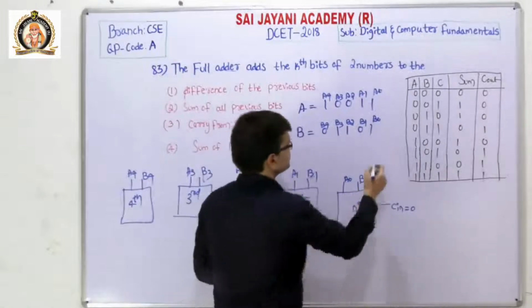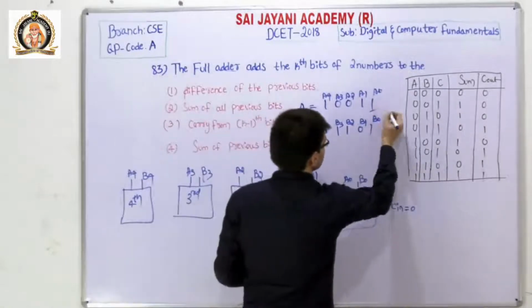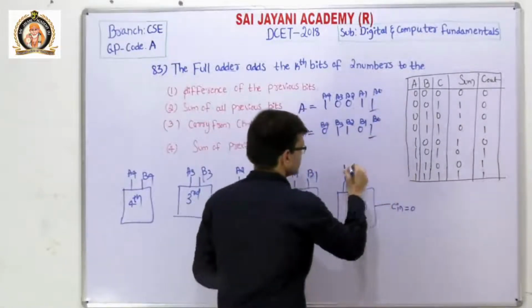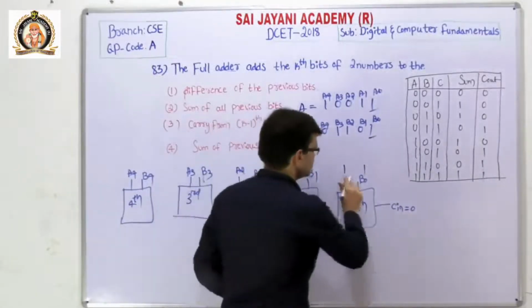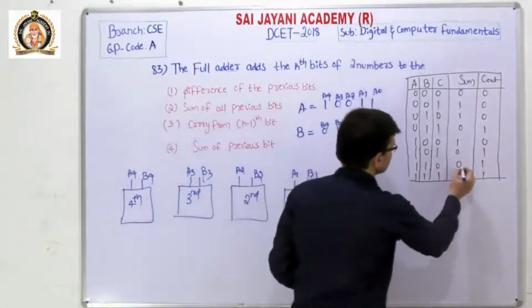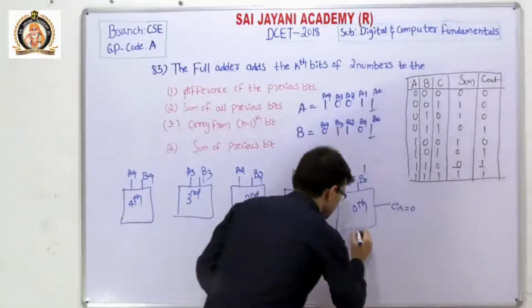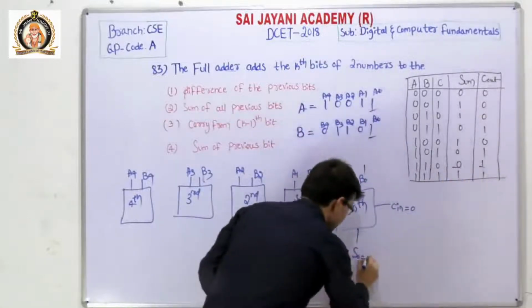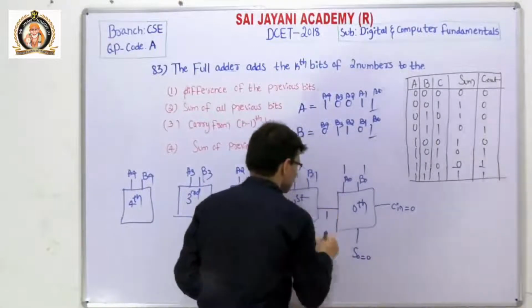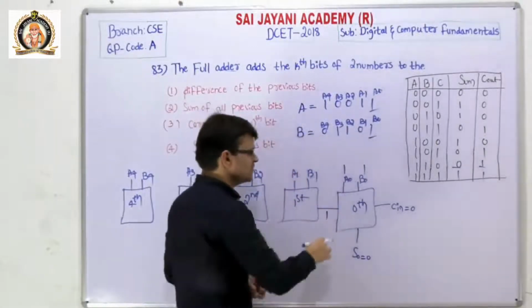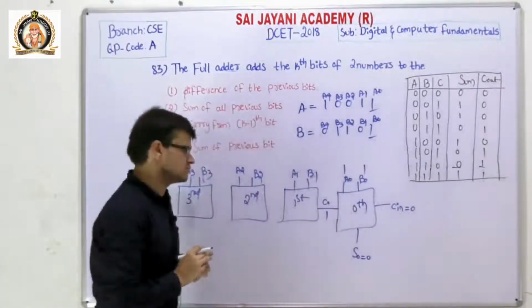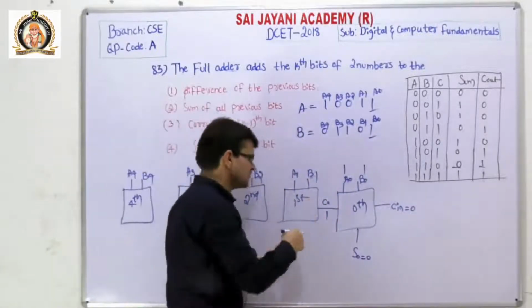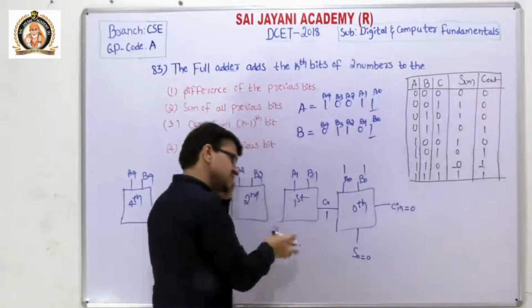Consider here A0 is equal to 1, B0 is equal to 1, C0 has to be considered initially as 0. So for 1 1 0 we have sum 0 carry 1, and this carry is generated from 0th full adder, so we have to consider it as C0, and this C0 is applied to the next full adder, that is first full adder.